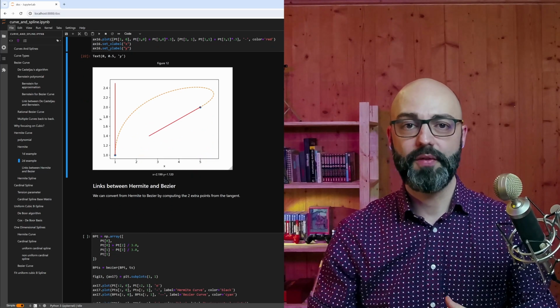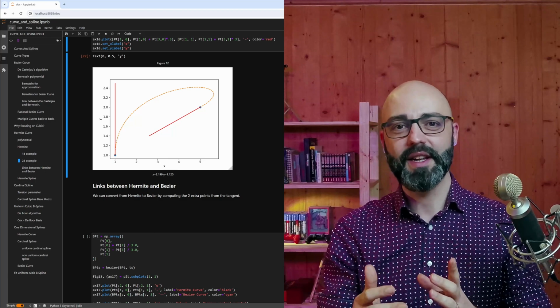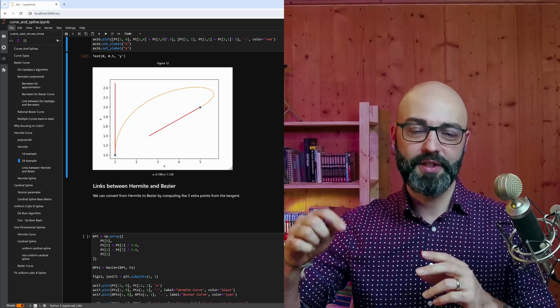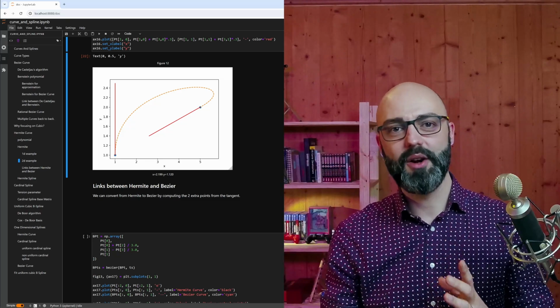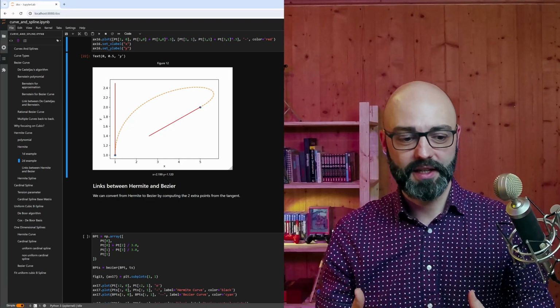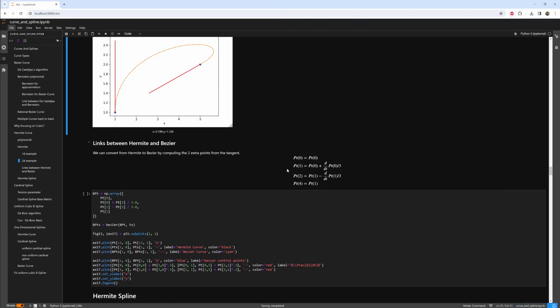Now, of course, as we defined the Hermite curve, we said that it's another way to compute a curve that goes between points and has tangents. There is a link between how we computed the Bezier curve and what we're doing here with the Hermite curve. Basically, the formula to go from one to the other is: you have the Hermite, so you will have 2 points, point 0 and point 1, and you get both derivatives.